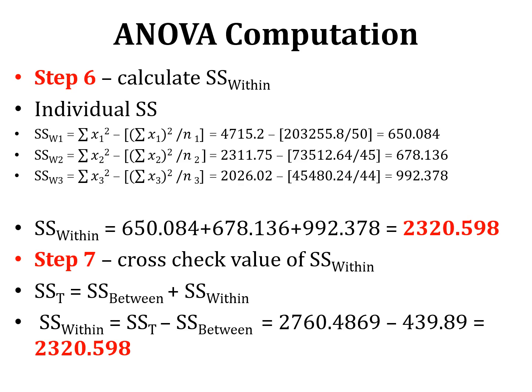So for that purpose, it is total sum of squares minus between sum of squares. The total sum of squares that we calculated is 2760.4869, and the between sum of squares that we calculated was 439.89. So their difference is 2320.598, and this confirms that our calculation of the individual sum of squares and then taking their sum for the sum of squares within is correct, right?